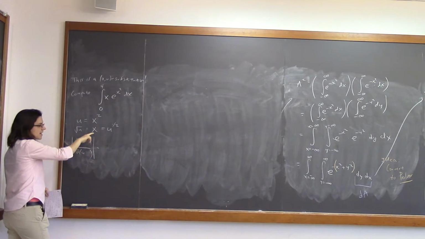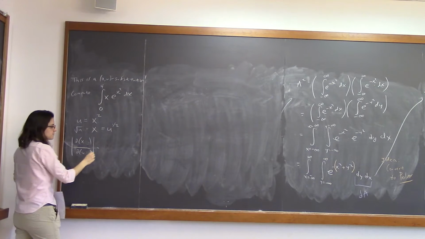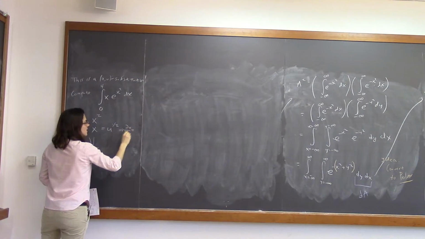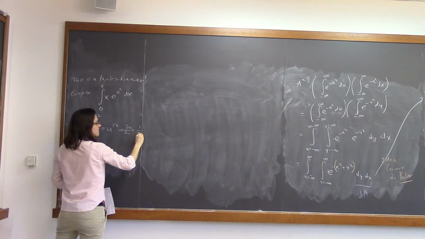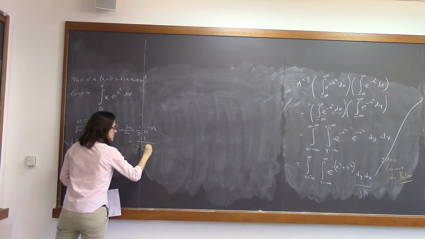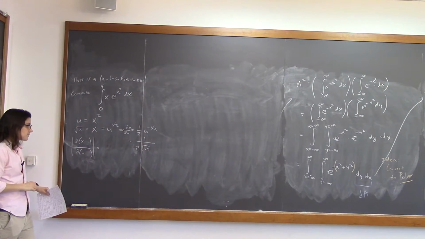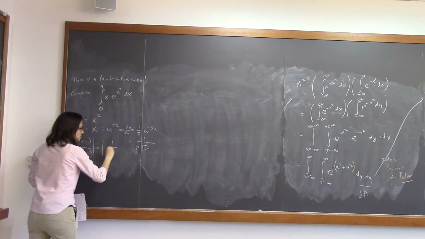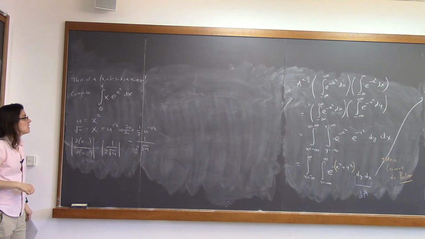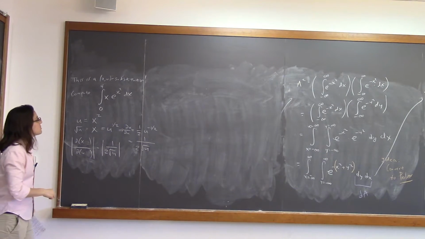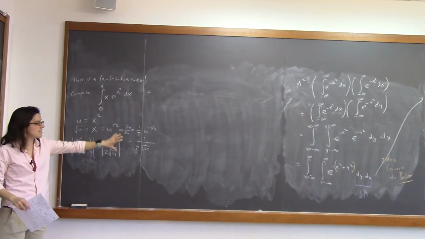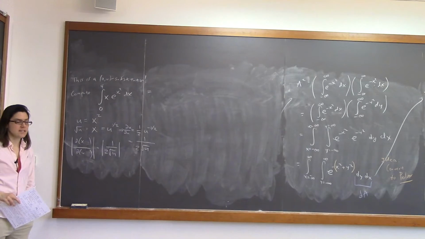So the partial of x with respect to u is just 1/2 u to the negative 1/2, or in other words, 1 over 2 times the square root of u. So the way that you would do a u-substitution is exactly this. You would just figure out your du factor and put it in, and it's exactly the same idea.